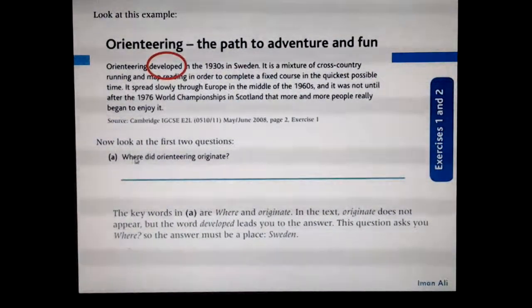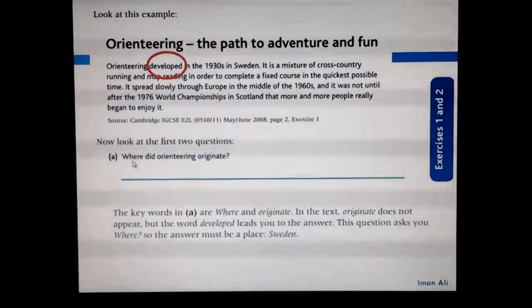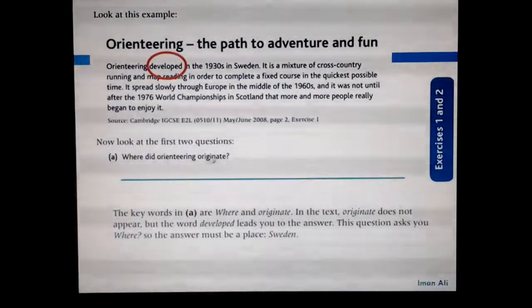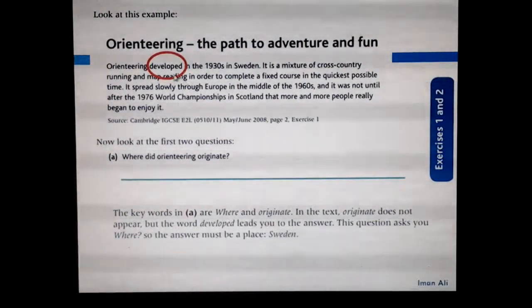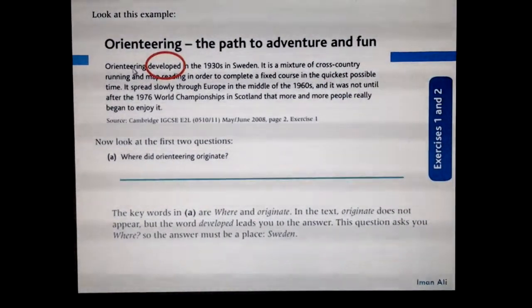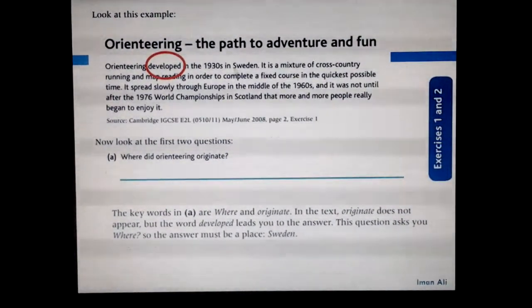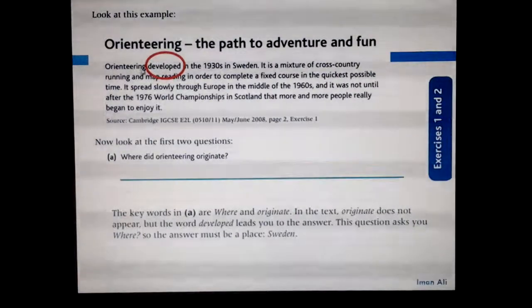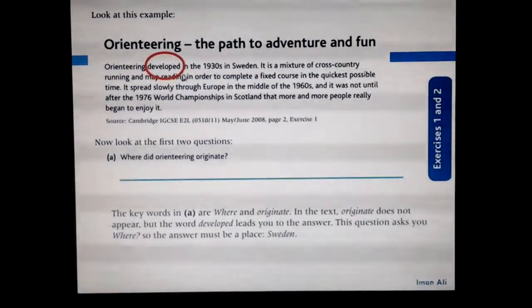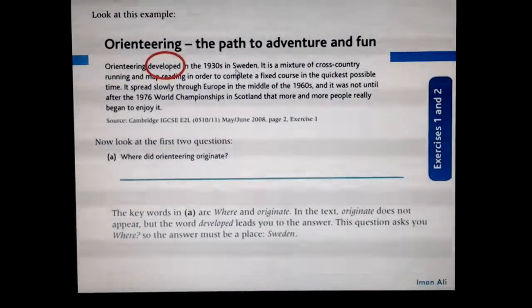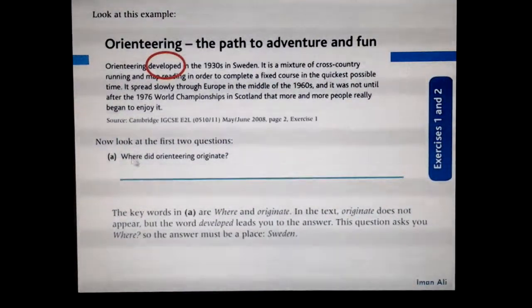So they are expecting you to write the place from where this particular thing originated. Originated means developed. So you do not need to write the whole sentence, you just have to write Sweden. Orienteering developed in the 1930s in Sweden. You don't have to write the whole sentence, you just have to write Sweden because they're asking you where.